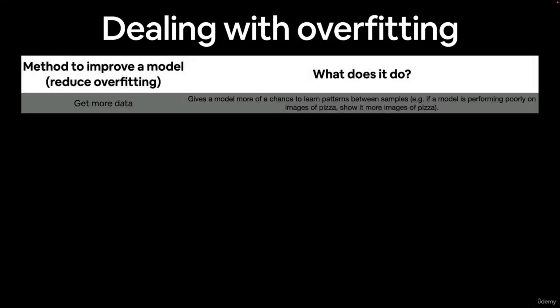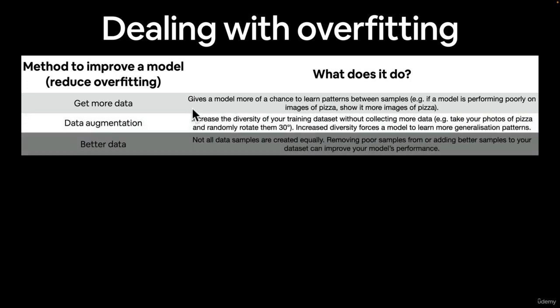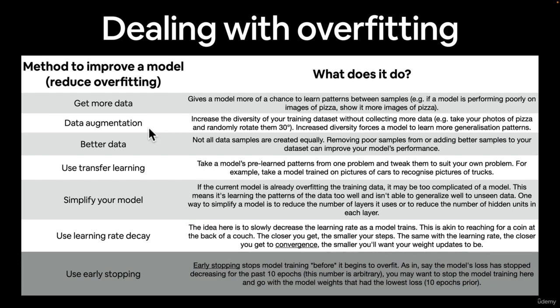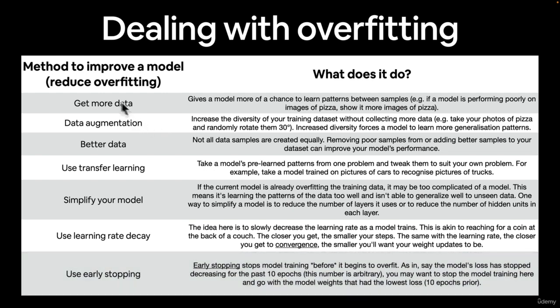So if we go back to the slide, data augmentation is one way of dealing with overfitting. Now, it's probably not the most ideal experiment that we could take because our model 0, our baseline model, looks like it's underfitting. But data augmentation, as we've seen before, is a way of manipulating images to artificially increase the diversity of your training data set without collecting more data.